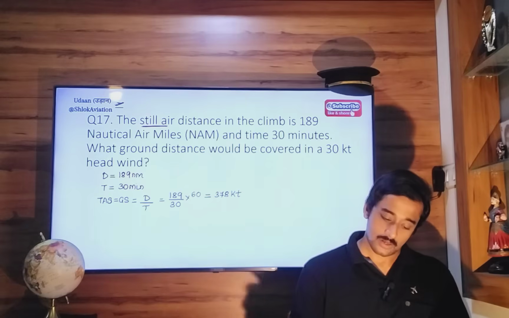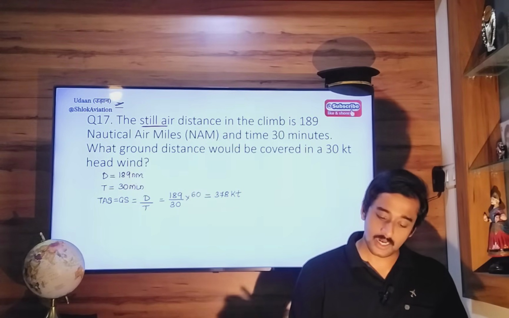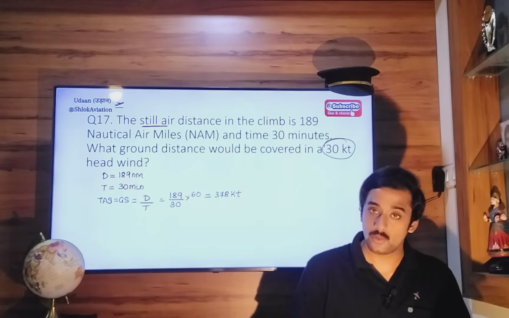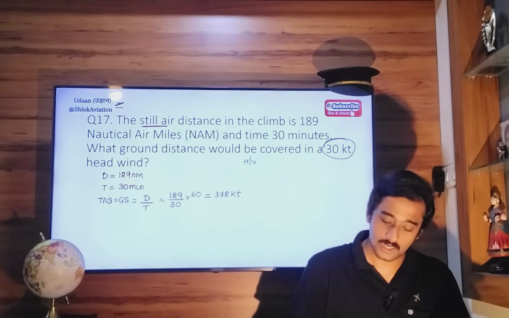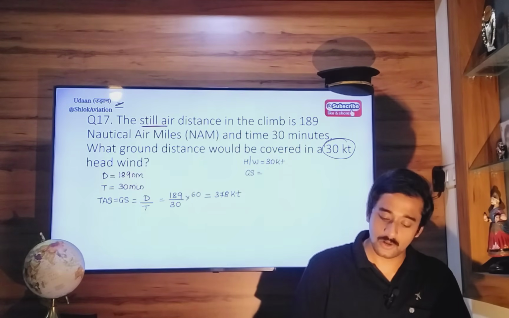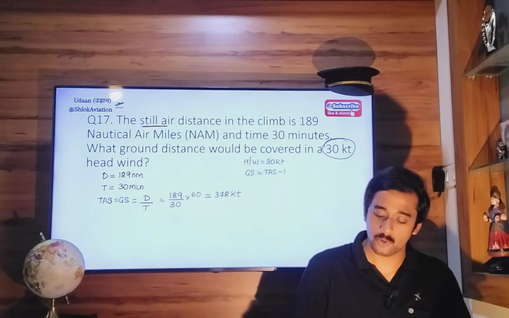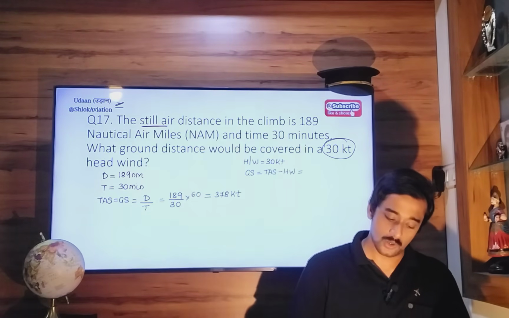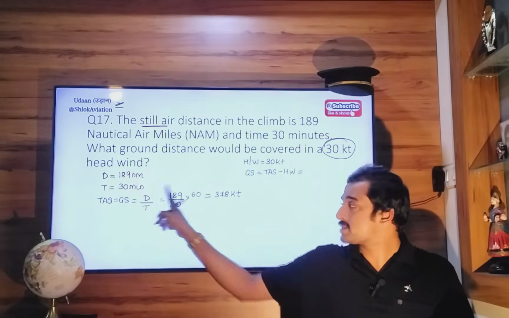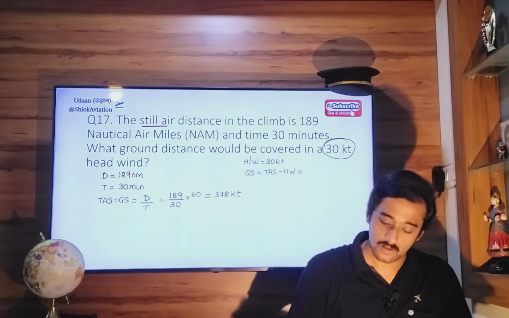Now, you're getting a headwind. In a headwind of 30 knots, your ground speed will be true airspeed minus headwind component. So, true airspeed is 378, headwind is 30.